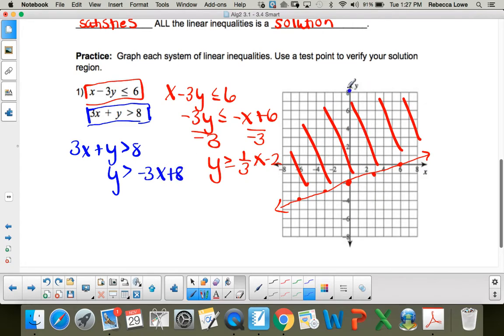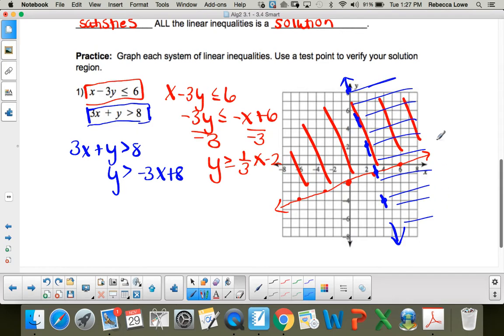So the y-intercept is 8, and it's down 3 over 1 for the slope. And I continue that across the page, down 3 over 1. This is going to be a dashed line because it's simply greater than, not greater than or equal to. And then the shading is greater, so that's above, which would be in this area here.